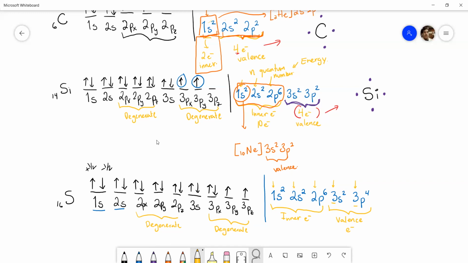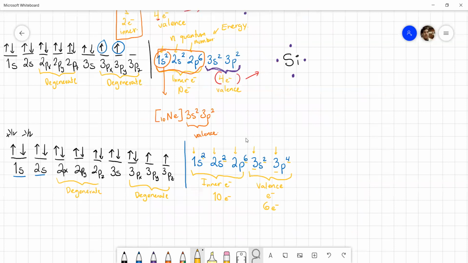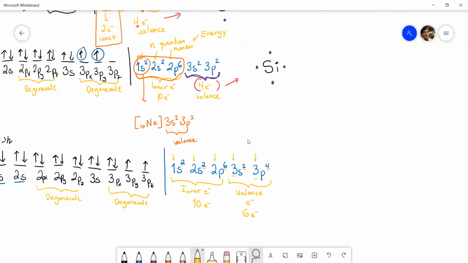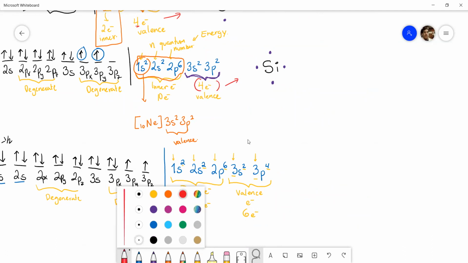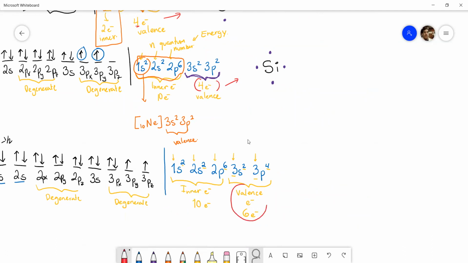So we count them. 2 plus 2 plus 6 gives you 10 inner electrons. And we count 2 plus 4. We have 6 valence electrons. Now we're going to represent these electrons. These valence electrons are going to be represented in a Lewis structure.